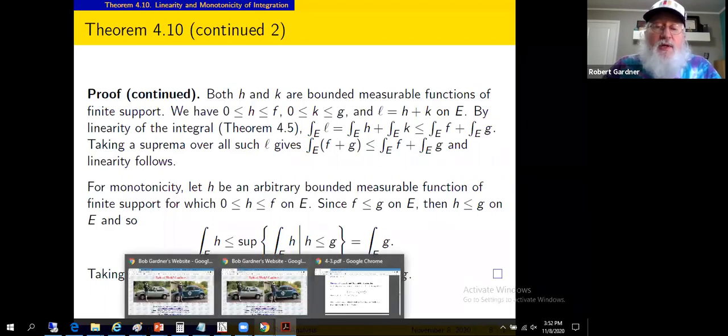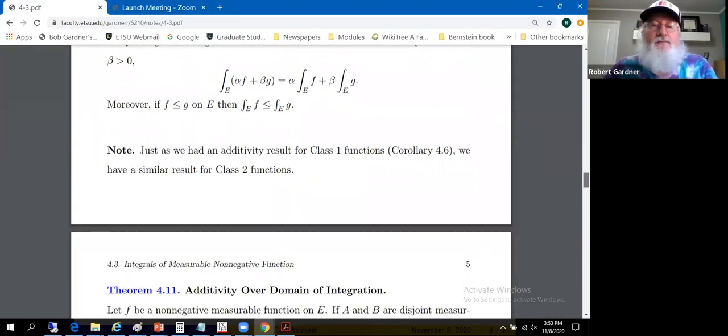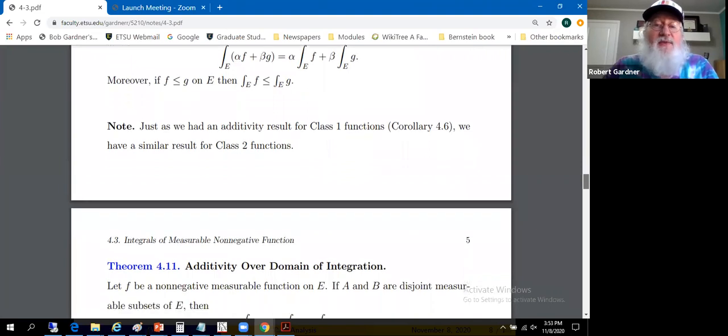Okay, so we're getting there, and we know something now about class 2 functions. We know linearity and monotonicity. Mercifully, we won't have to go through this producing of inequalities using the supremum definition anymore, now that we've got the monotonicity. Additivity.